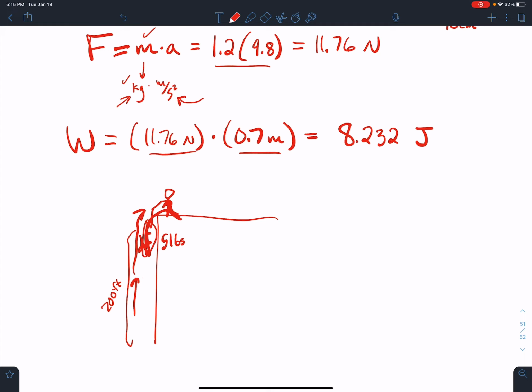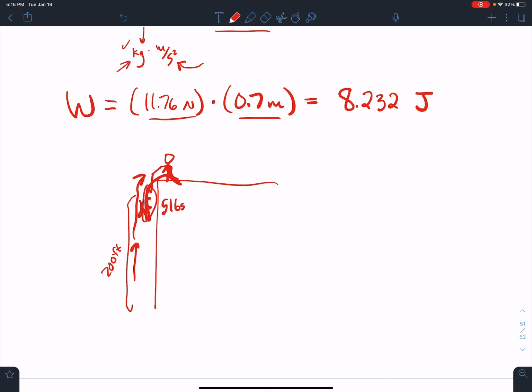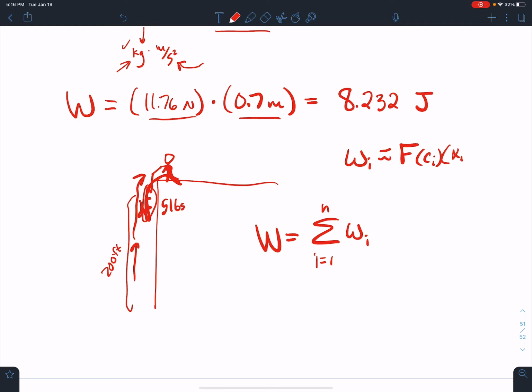So in order to account for that variable change, that's whenever we take into account Riemann sums and calculus. Okay, so we define the work of a moving object to be equal to the sum from i equals 1 to n of w_i, these individual work slices, where w_i would be basically some f(c_i) times (x_{i+1} minus x_i), which is a fancy way of saying a delta x, right?